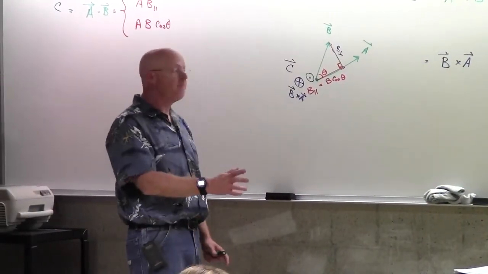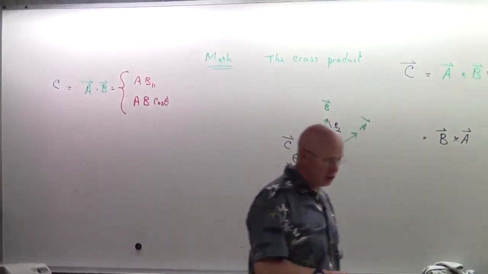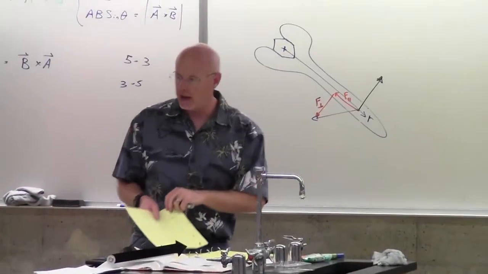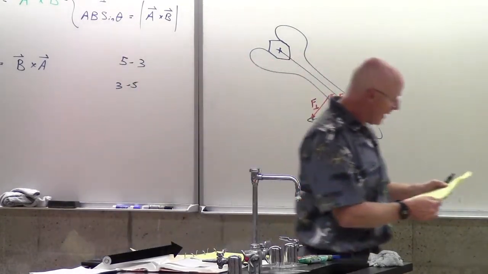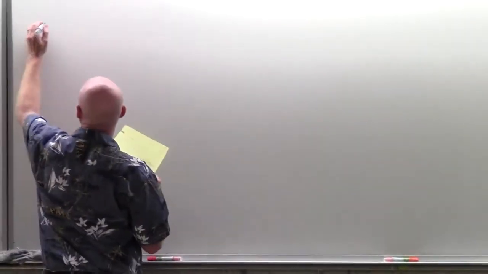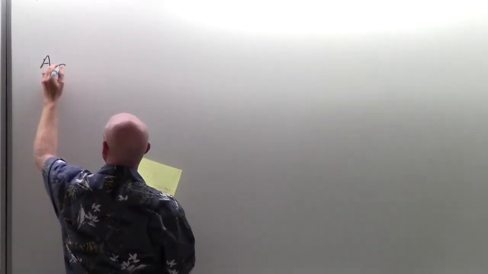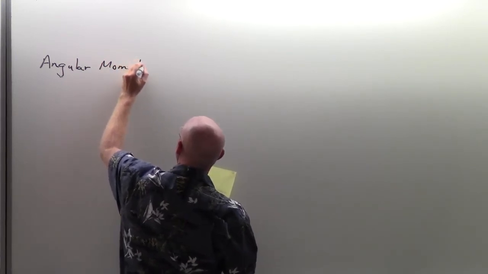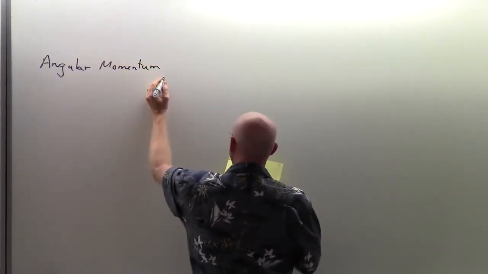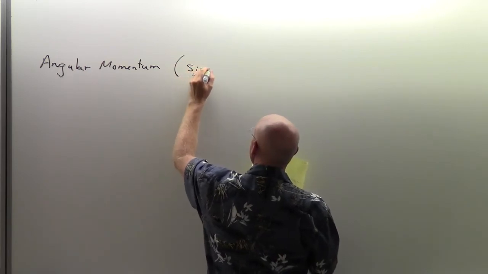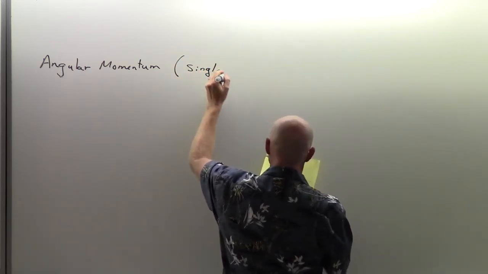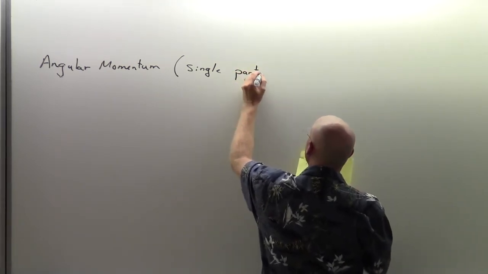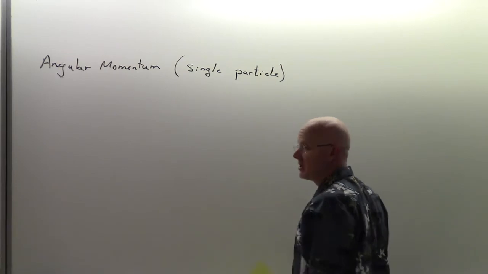All right, well now I think we are finally ready to get to what this chapter is focusing on, which is now angular momentum. And so let's look at the definition here of angular momentum. And maybe I should just say, let's start with looking at a single object, a simple particle that has no size.